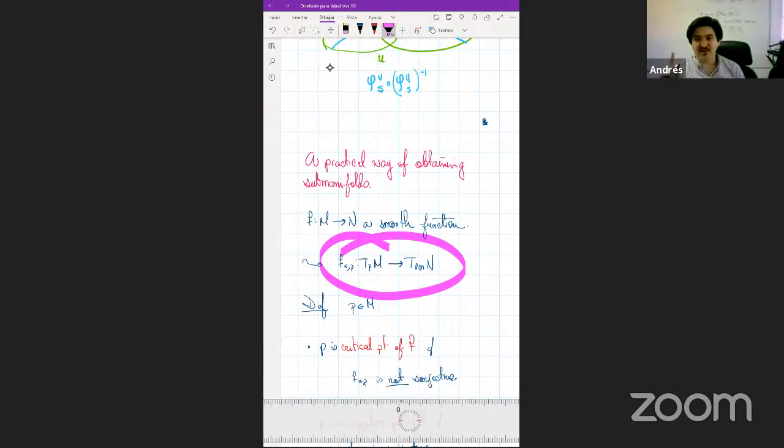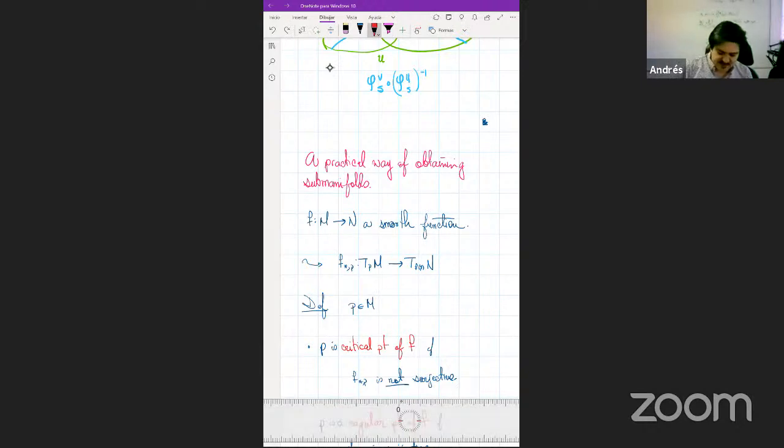For real value functions, if all of the partial derivatives vanish, then we don't have a surjective map at that point, right? Because we will have basically what we were saying, that each entry vanishes.